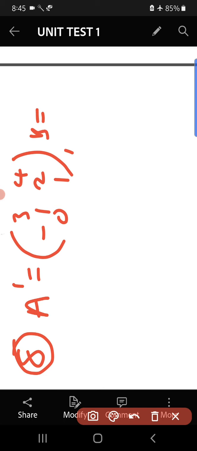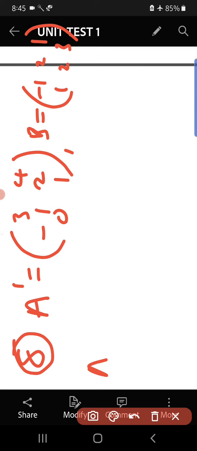So let us consider the next question. A dash is given as the matrix 3, minus 1, 0, 4, 2, 1. Then another matrix B is given as minus 1, 2, 1, 1, 2, 3. Then we have to find A dash minus B dash.